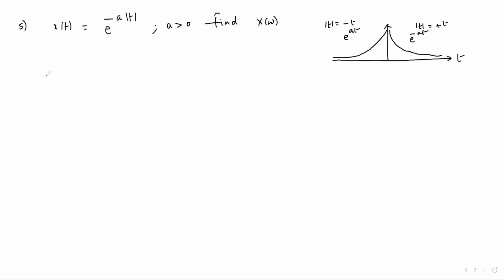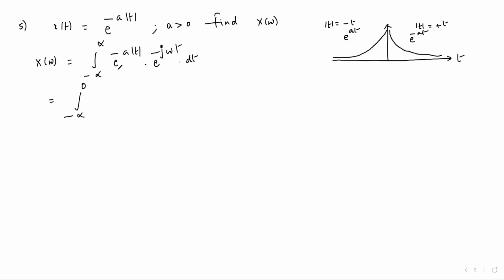Let us find the Fourier transform of this one. X of omega is the integral from minus infinity to plus infinity of e to the power of minus a mod t, times e to the power of minus j omega t, dt. Let us expand the integration into two terms. Minus infinity to 0, one term.